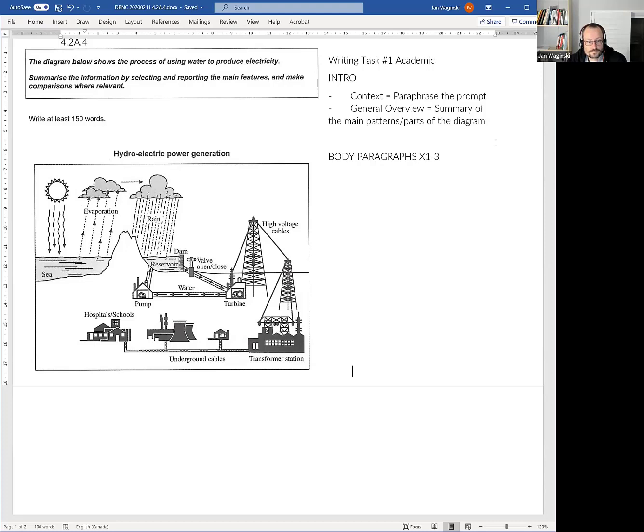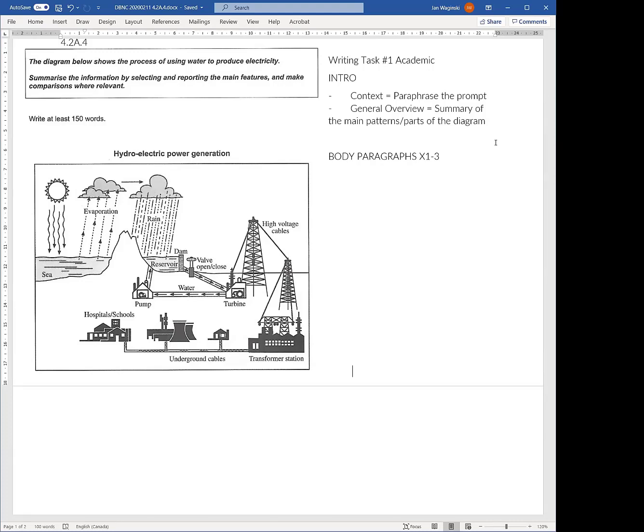Mm-hmm. And from reservoir, water goes, dam goes up and down. Yeah, if I understand. Goes up. Oh no! Wall opens and closes, and water goes to the turbine. Mm-hmm.